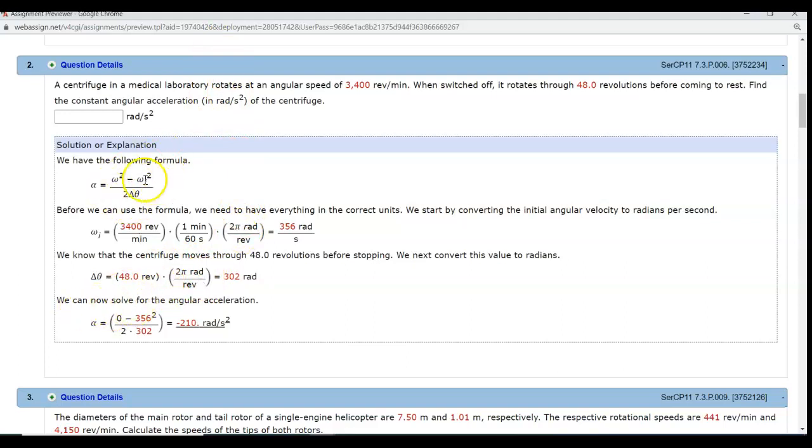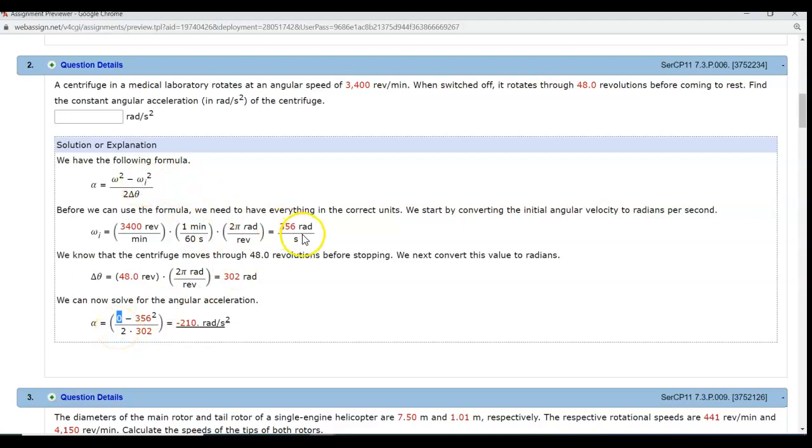Now we can use this formula up here and solve for the angular acceleration, because our final angular value is 0 because it comes to rest. So we have 0 minus the 356 squared.